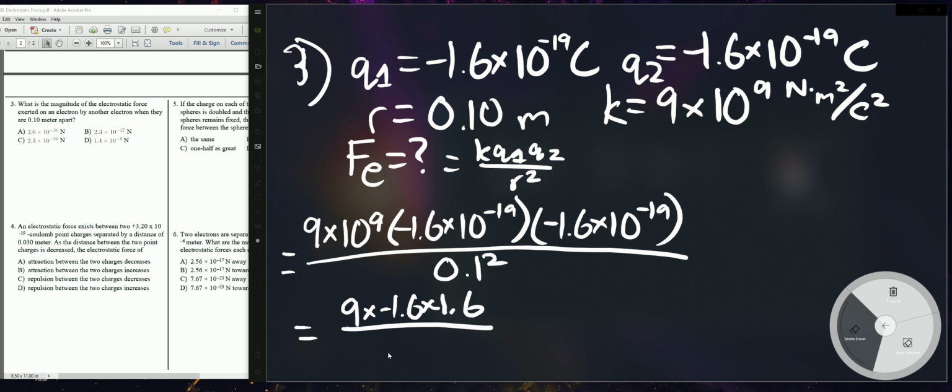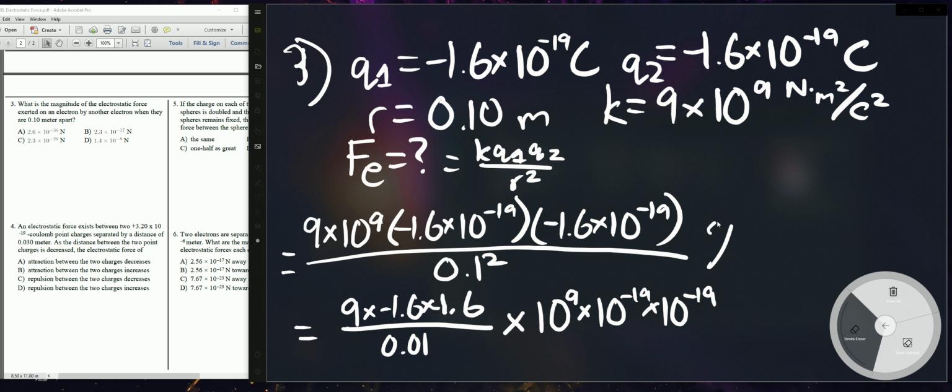0.1 squared is going to give you 0.01, times 10 to the 9 times 10 to the negative 19 times 10 to the negative 19. I'm going to move all the way over here. So 9 times 1.6 times 1.6. Let's solve that, and I can't even do that in my head.